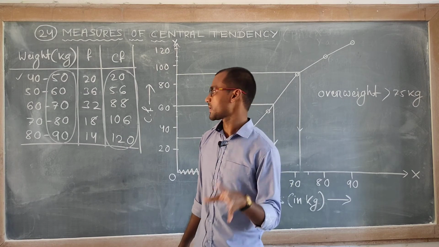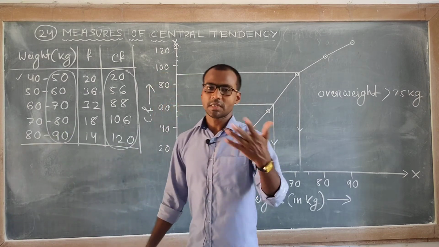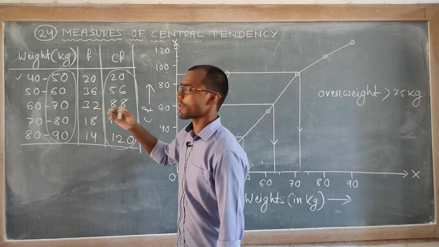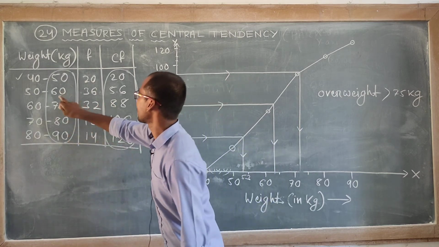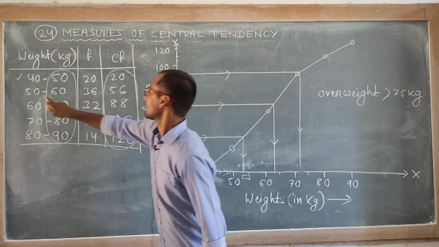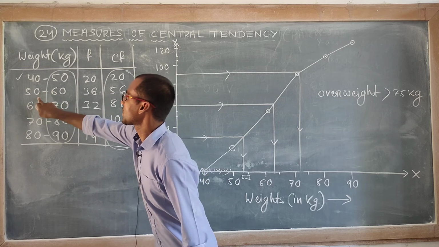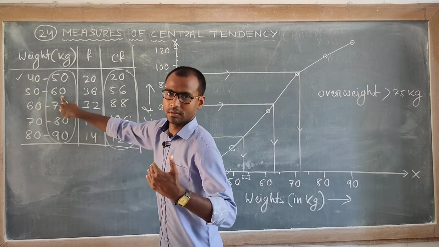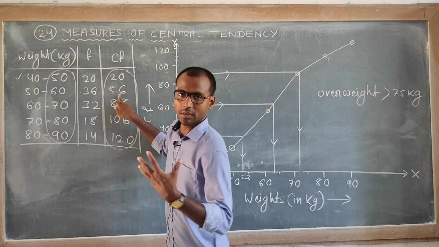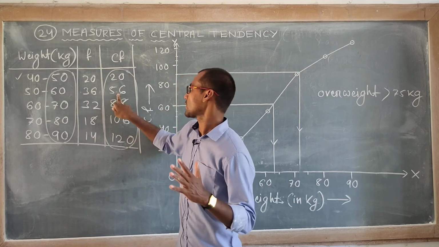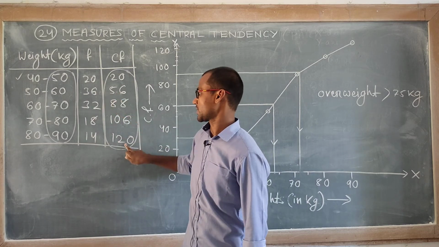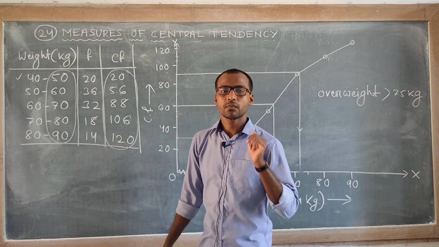So there are 14 students in the class whose weight is above 80 kg. Similarly, suppose I want to find the number of students above 60 kg. Below 60, how many are there? 50 to 60 means 50 or more than 50 but less than 60, number of students 36. The total number of students below 60 is 56. So above 60, how many will be there? 120 minus 56, that is 64.